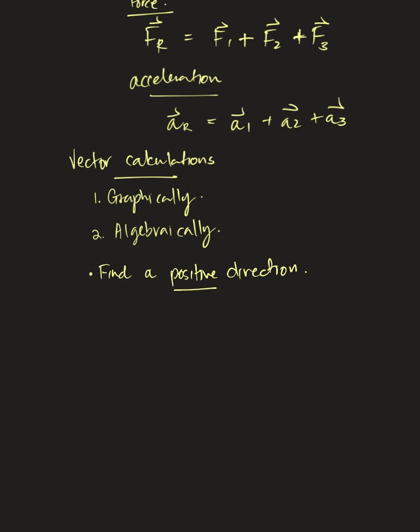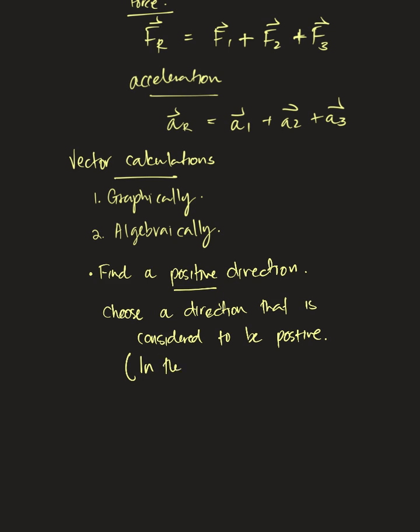So when we talk about a positive direction, we have to choose a direction that is considered to be positive. That means we say it's going in the direction of motion. In the direction of motion means it's doing what is natural.